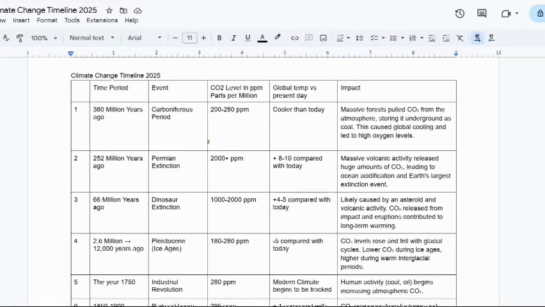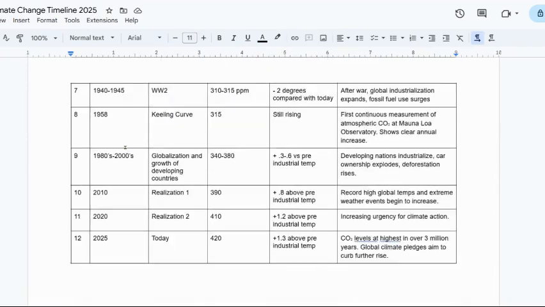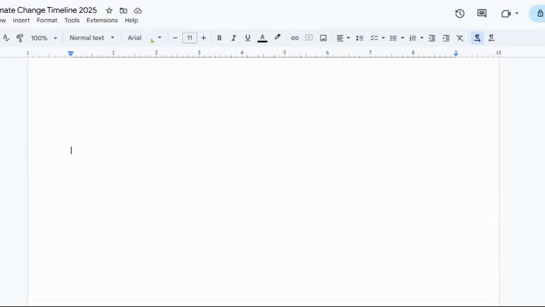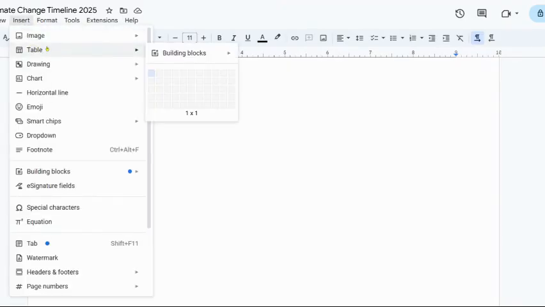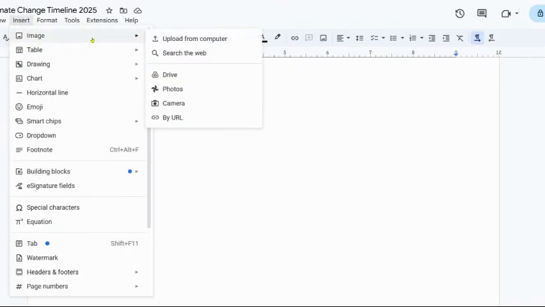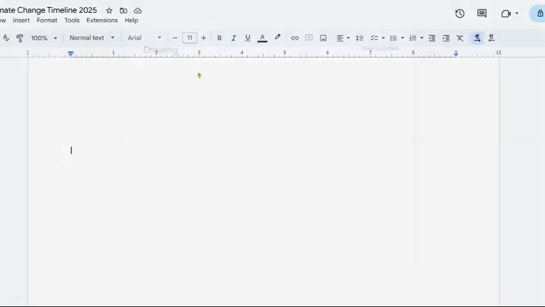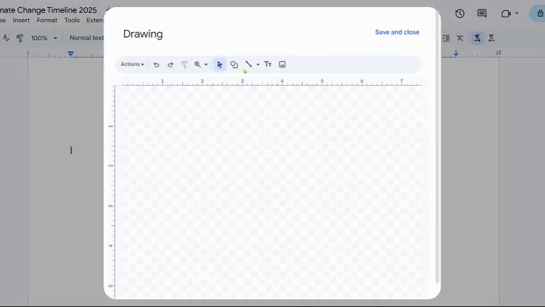You're going to go through, and this first one says 360 million years ago. Now, I don't want this to be done on the computer. I want this to be done by hand, but I can still show you what it would look like relatively on my video. So we've got my line.